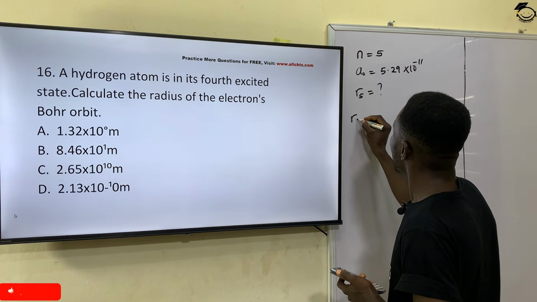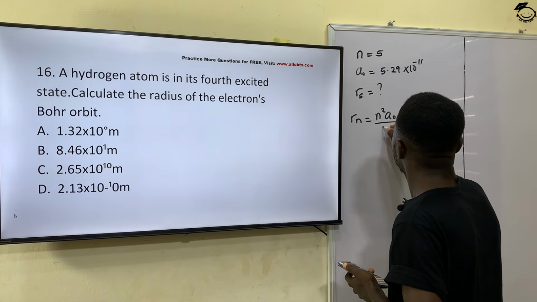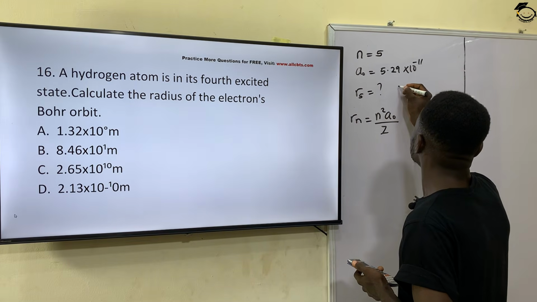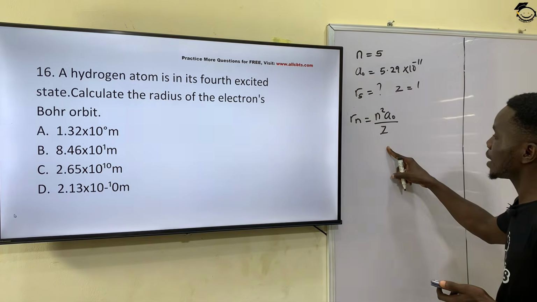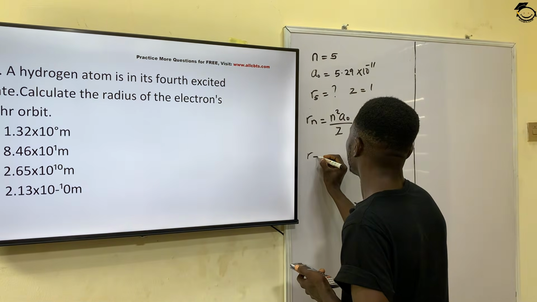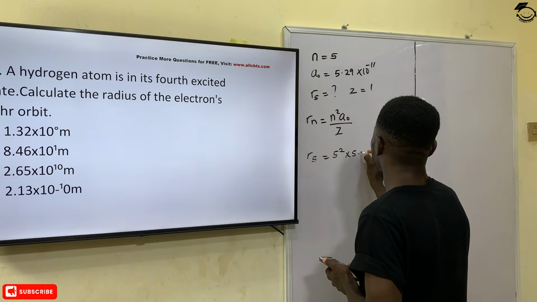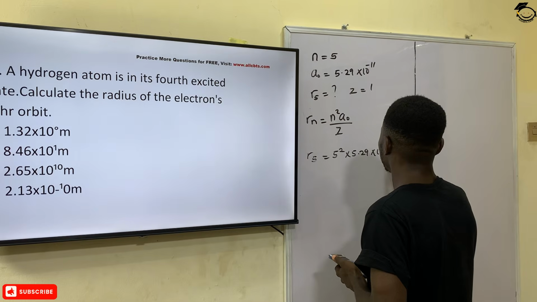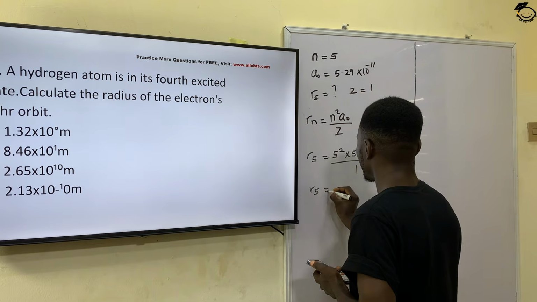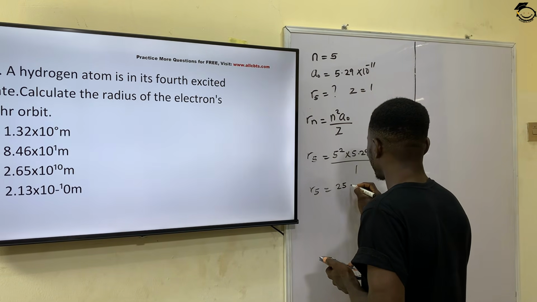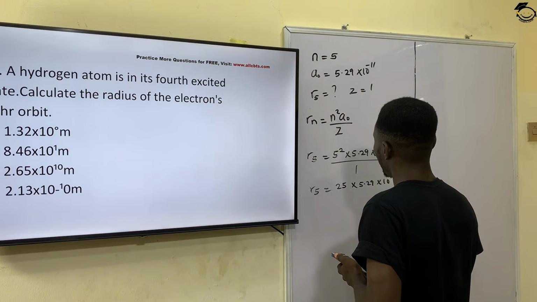So we know that our Rn is equal to n squared A naught over Z. And we know that the atomic number of hydrogen here is 1. So our Z is representing the atomic number. This means that my R5 is equal to 5 raised to power 2 times 5.29 times 10 raised to power minus 11 over 1. So this means that my R5 is equal to 25 times 5.29 times 10 raised to power minus 11.